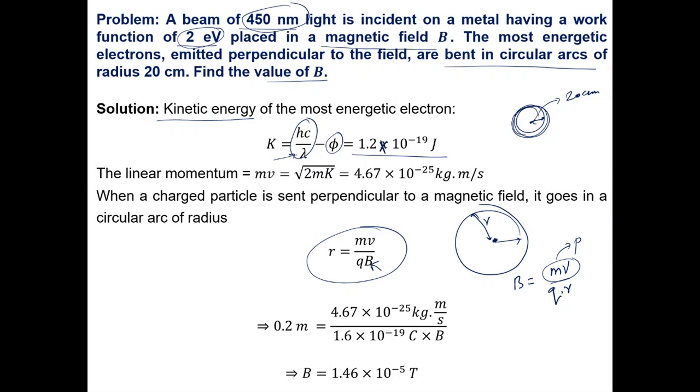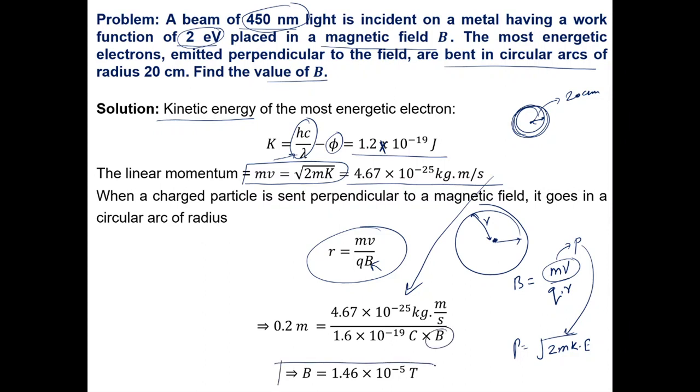We have seen this relation earlier, where momentum is nothing but the square root of 2m times the kinetic energy, and that's what we are doing here. The momentum is the square root of 2m times kinetic energy. So you calculate the momentum and you feed this momentum into this formula, and you get the magnetic field. In this case, the magnetic field turns out to be 1.46 into 10 power minus 5 Tesla.